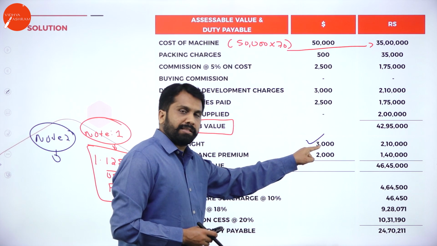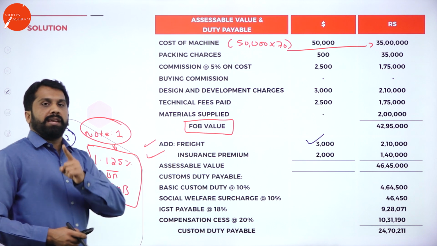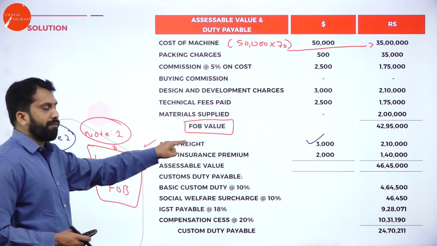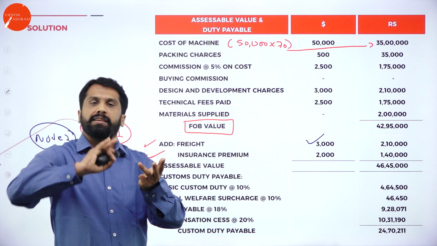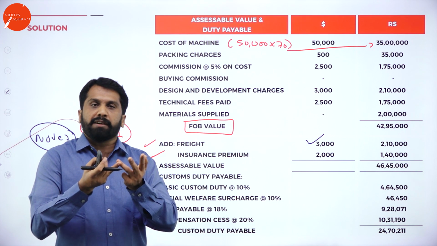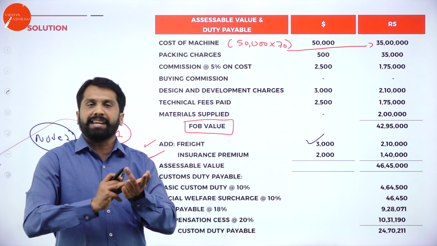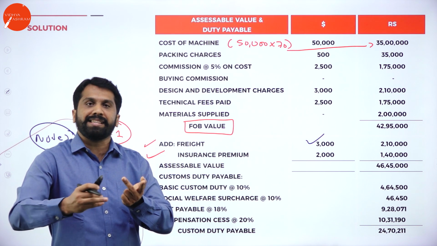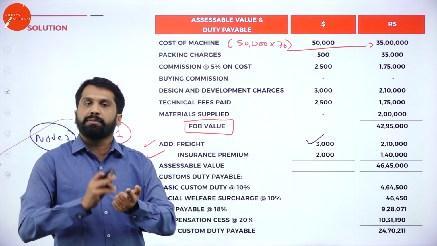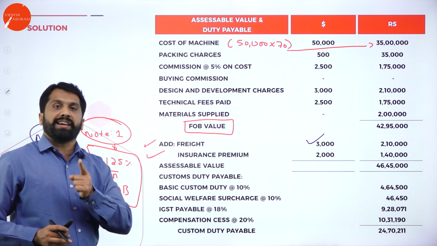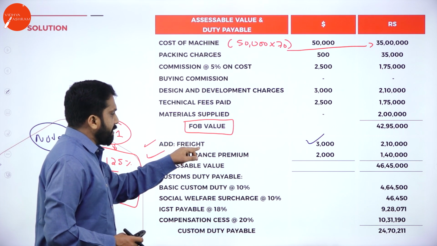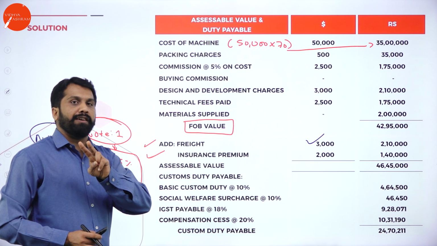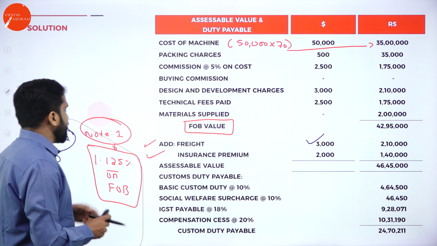Again, I'll repeat: freight by road, take actual value. Freight by sea, ship, actual value. But if they have given freight by air, then you should take actual value or 20% of FOB, whichever is less. This is your note 2.